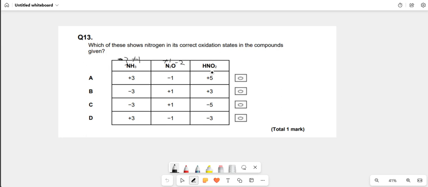And then HNO2, O would be -2, so that's -4, and H has to be +1, so to make +4, N has to be +3. So it's B. -3, +1, +3.